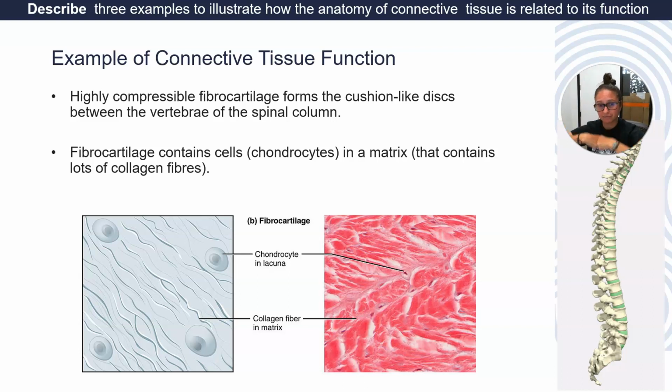You can't have that. So let's have a look at this tissue. It contains cells. The cells in this instance are called chondrocytes. And then the matrix has lots of collagen in it. A chondrocyte is just a cell that makes cartilage. And collagen is just a type of protein. Happy days.